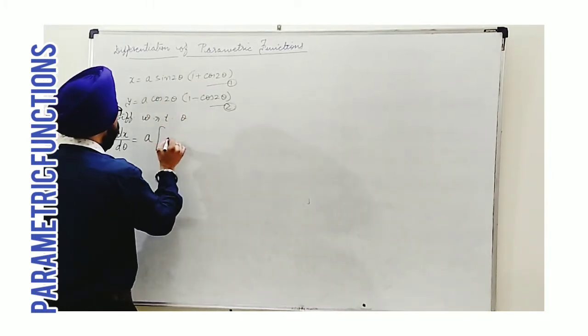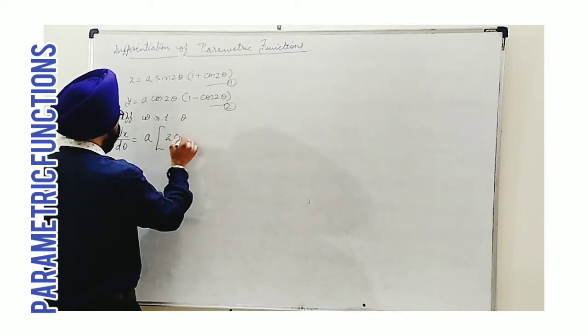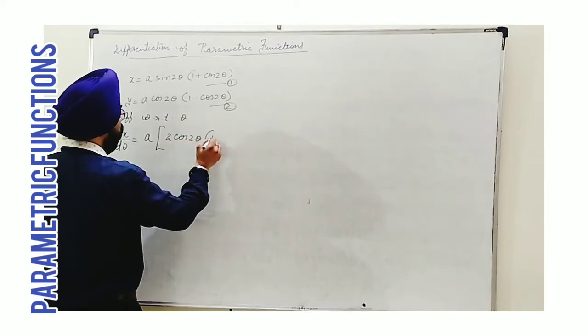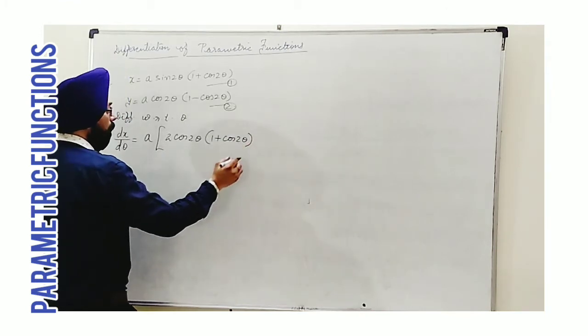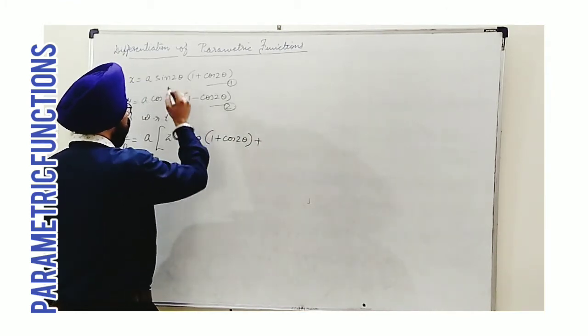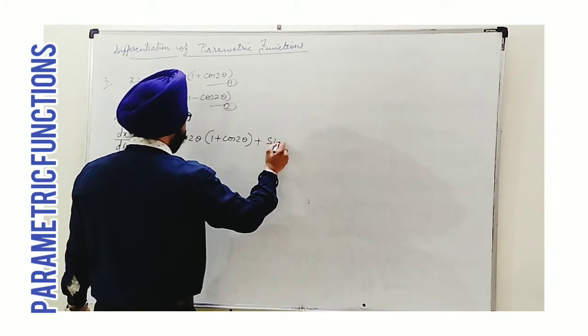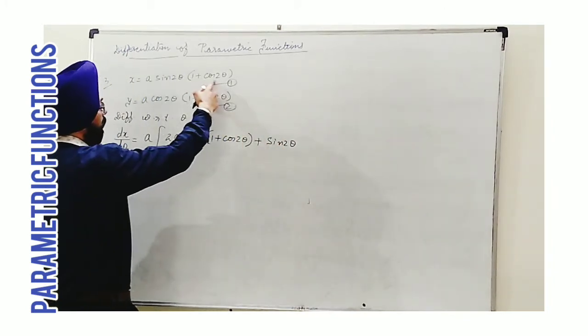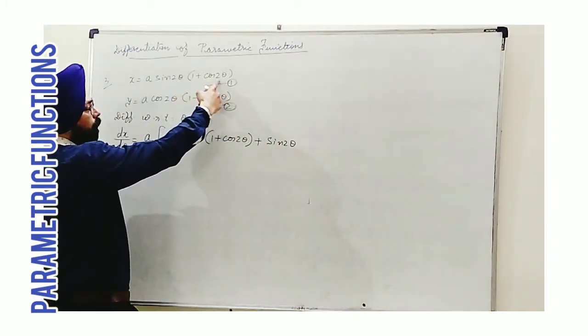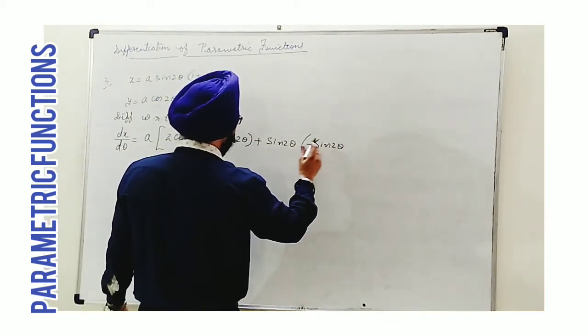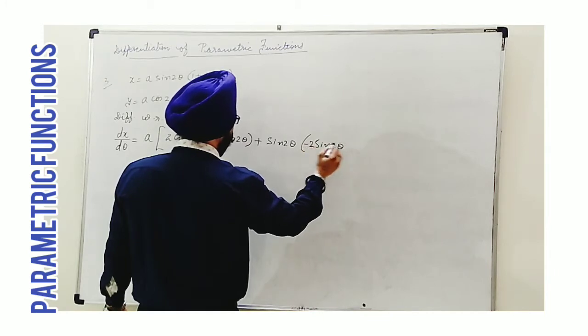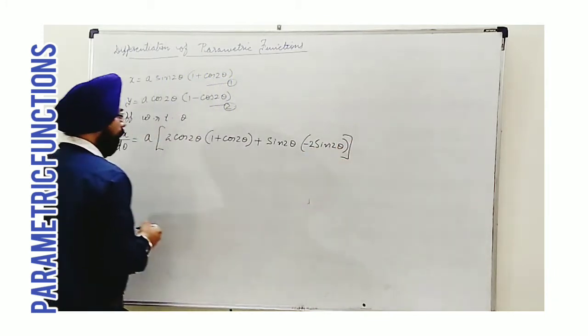Sin 2 theta differentiated will be 2 cos 2 theta, 1 plus cos 2 theta as it is, then plus sin 2 theta as it is. Now we differentiate the bracket, 1 will turn 0, cos 2 theta will become minus sin 2 theta, and 2 also in multiplication.